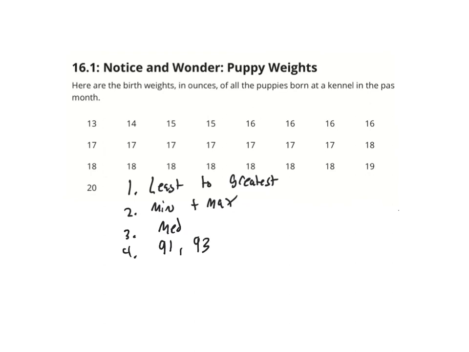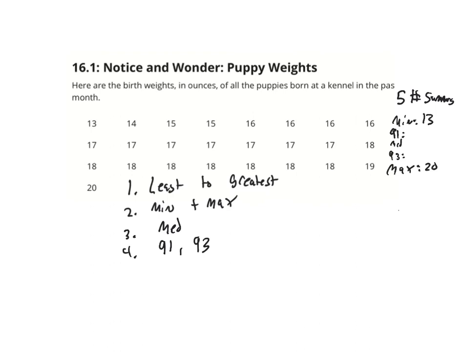So let's write our 5-number summary off to the side. You have your minimum, which is 13, your maximum, which is 20, quartile 1 we don't know, quartile 3 we don't know, and our median we're about to calculate.